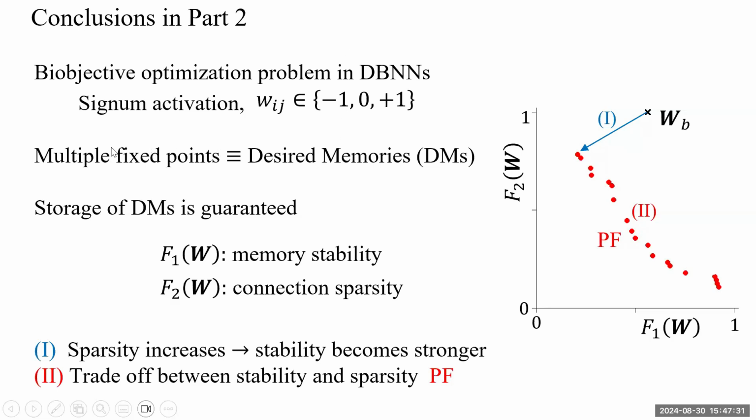And we consider the case where the system has multiple fixed points corresponding to desired memories. Storage of desired memories is guaranteed. And in BOP, the first objective is memory stability, the second is connection sparsity. As sparsity increases, the stability becomes stronger. And after that, there exists a trade-off between sparsity and stability.